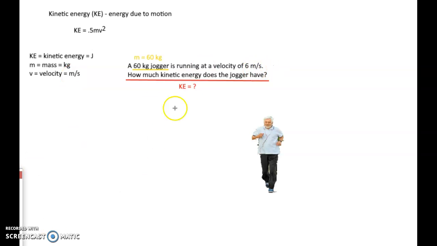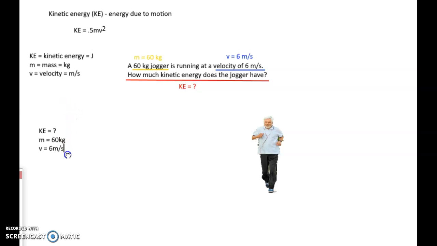So that is my velocity, my speed. V equals 6 meters per second. I've got all of the information, so let's put it into a list. My KE is unknown. My mass is 60 kilograms. And my velocity is 6 meters per second.